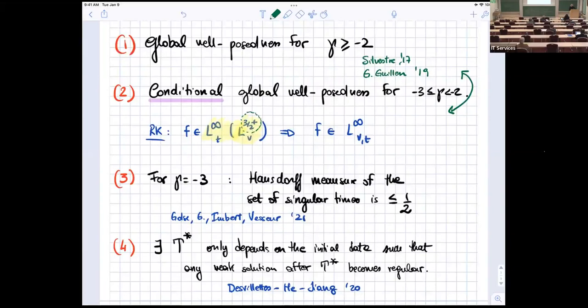But results number 3 and 4 work with weak solutions. So they are really based on working with the only Lyapunov function that weak solutions satisfy, which is the entropy. So results 3 and 4 are based on bounds on the entropy production.